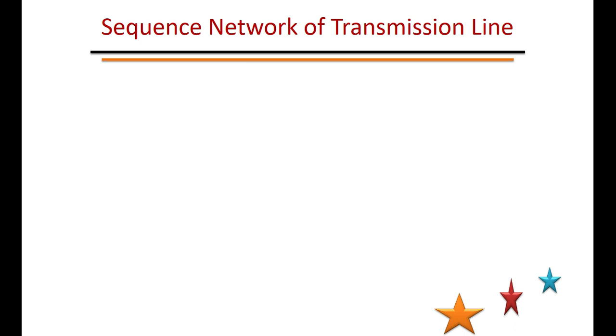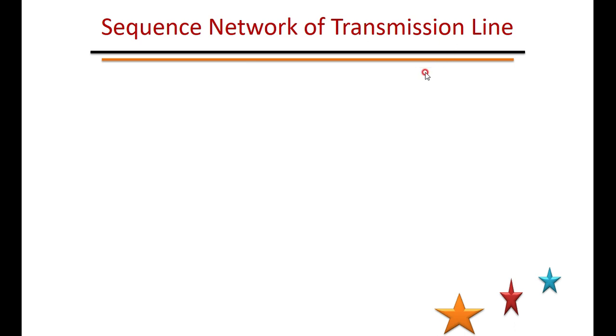The impedance of a transmission line to zero sequence current differs from the impedance to positive and negative sequence current, which we are discussing in this session. The positive and negative sequence impedances of the transmission lines are equal.